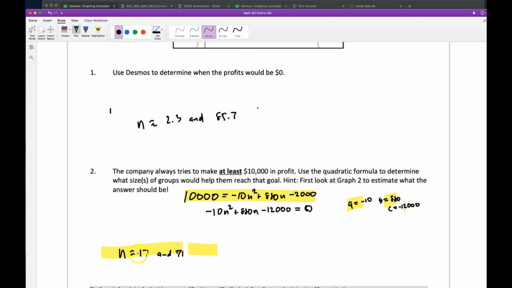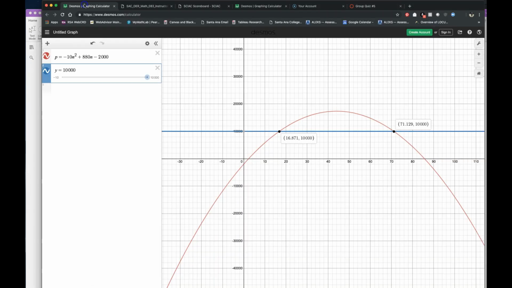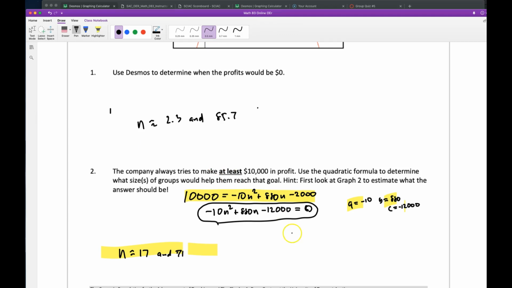These are approximations. The other way would be, after you solve this, set it for 0 here, then you can solve this for 0, because what would happen is, you end up with that equation, but this time, notice that when I subtracted the 10,000, it's minus 12,000 now.